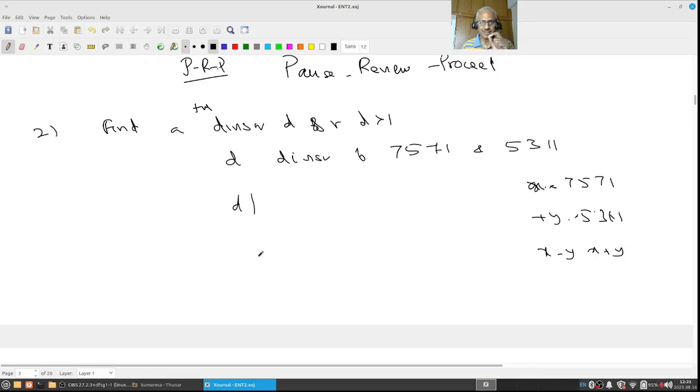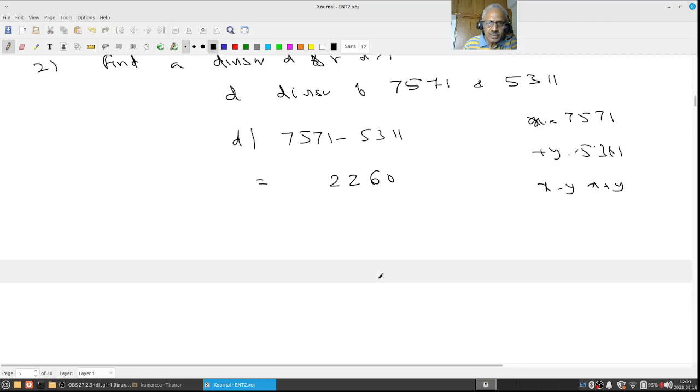These are my thinking. Therefore d must divide 7571 minus 5311, which is 2260. Is that clear? Now again the number is small, and you can immediately see that 10 divides this.